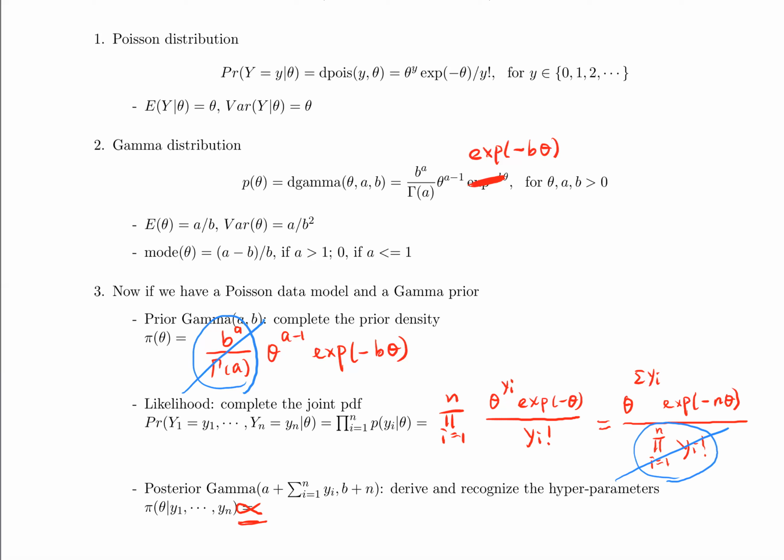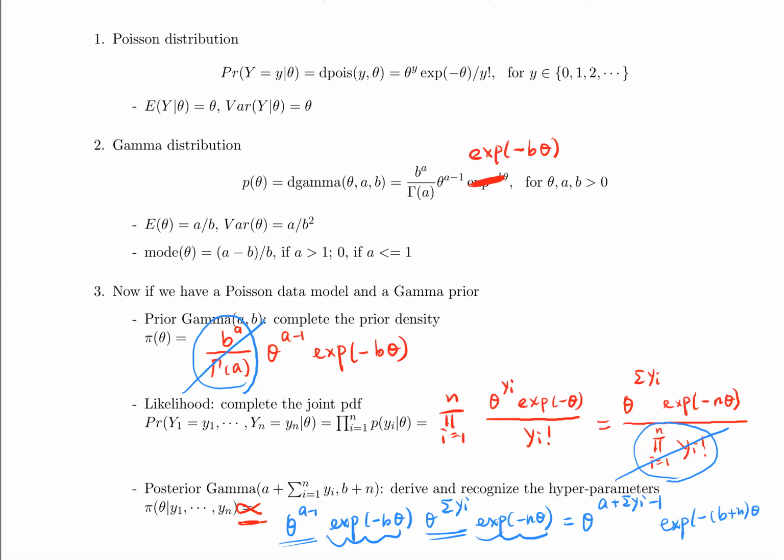So if I go with the proportional sign, I will have theta to the power of a minus 1, exponent negative b theta, multiplied with theta to the sum of yi, and then exponent negative n theta. If I combine this term with this term, and this term with this term, I will have theta to the power of a plus the sum of yi minus 1, and then exponent negative b plus n times theta. This again is simpler than the case where we deal with the normal.